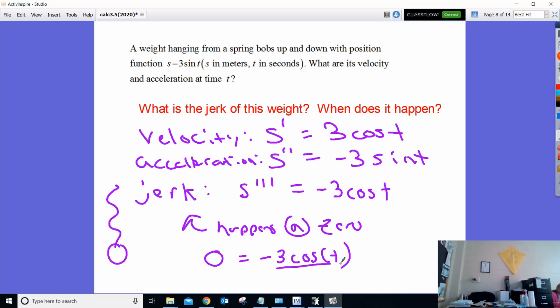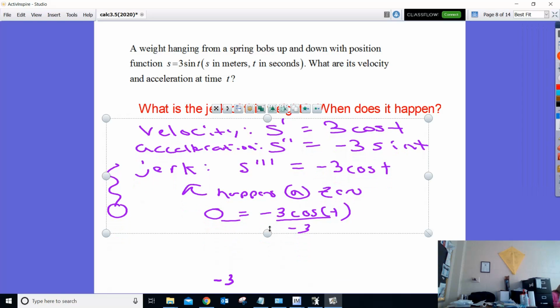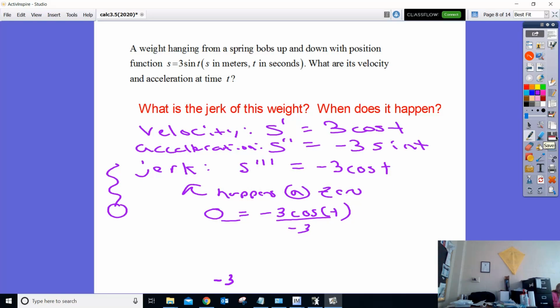We'll then divide out our negative 3. Oh yeah, there's a little trig up here, isn't there? How much did I remember? Anyways.